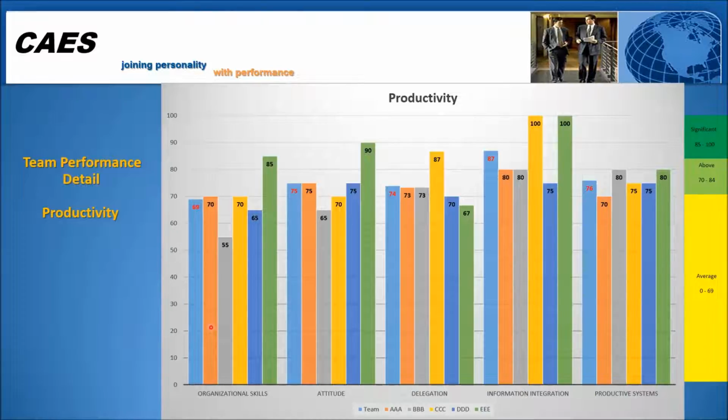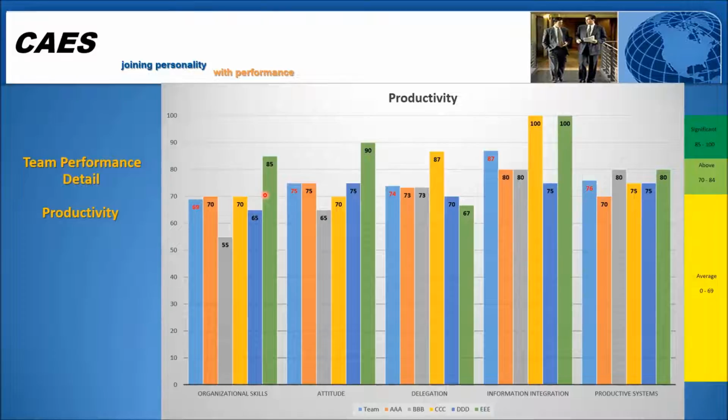When we look at each component in a little bit more detail, we can see that on organizational skills, candidate B tends to be below the capabilities of the other people, and subject E tends to be higher.